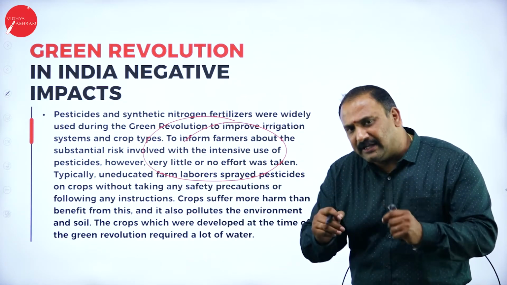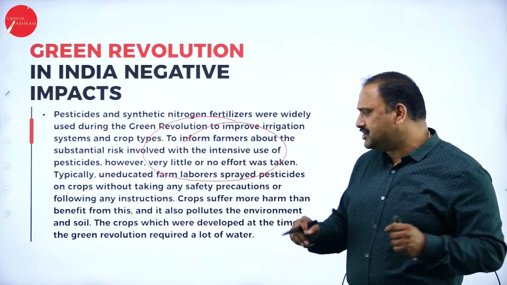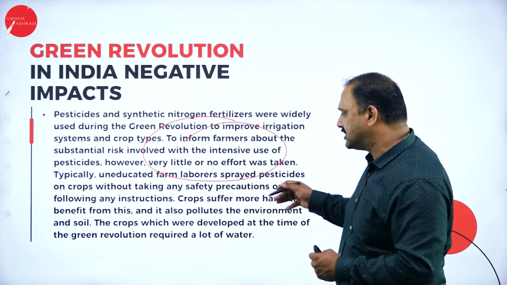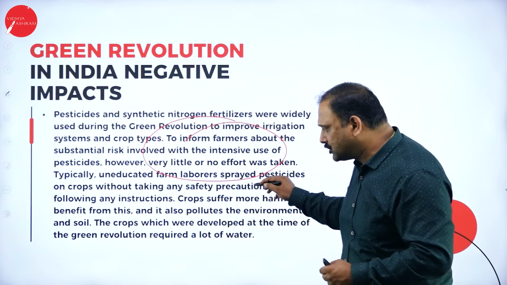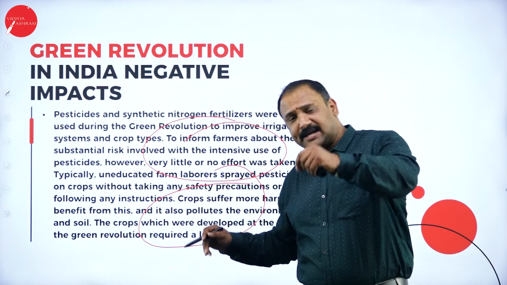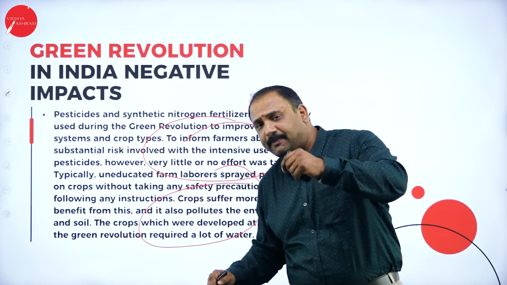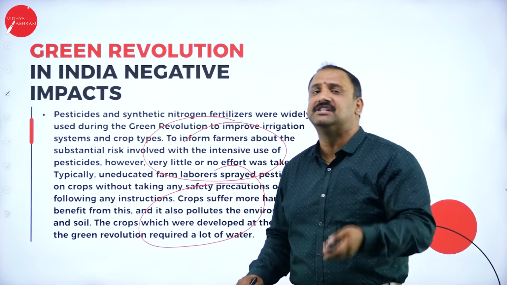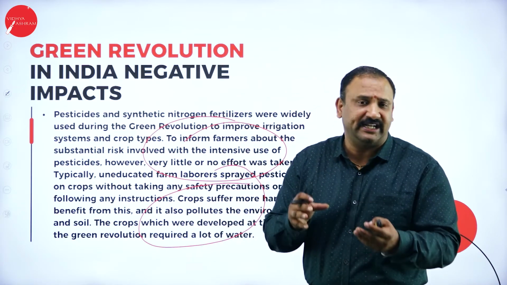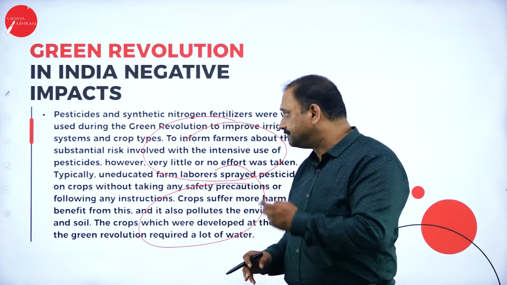Because typically the farming community was uneducated. They did not understand the consequences of this. So the crops also suffered because of the heavy usage of pesticides, and at some point of time this started becoming a concern among the farmers as well as the people, where they started seeing that there were a lot of side effects affecting their health.